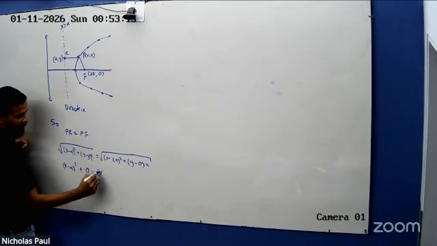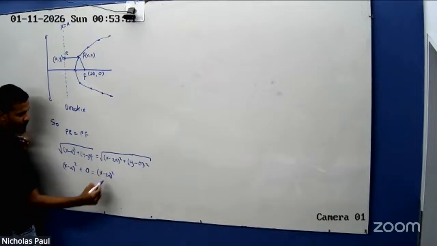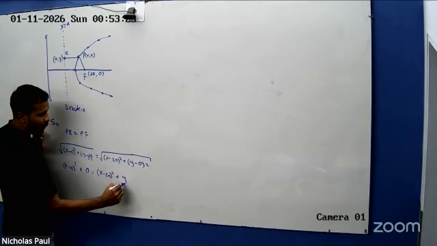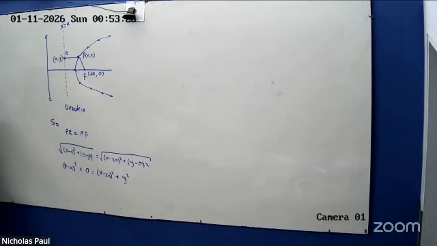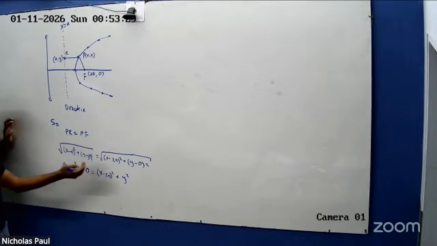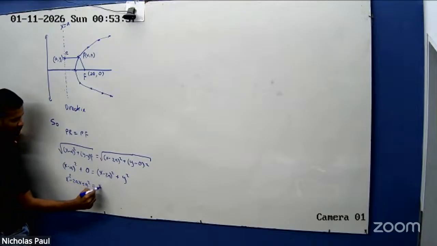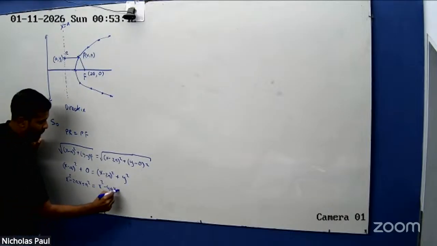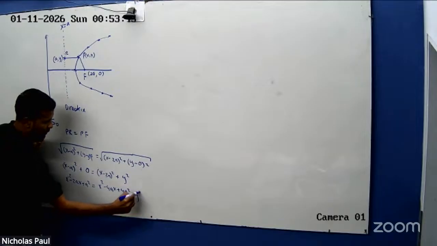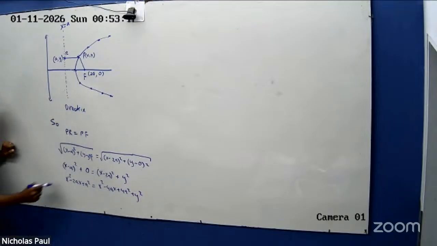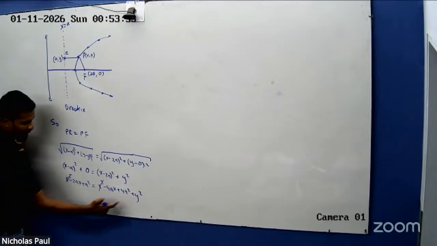Here you will have x minus 2a squared plus y squared. Expand it out. We will get x squared minus. The x squared will cancel, and we will get y squared.